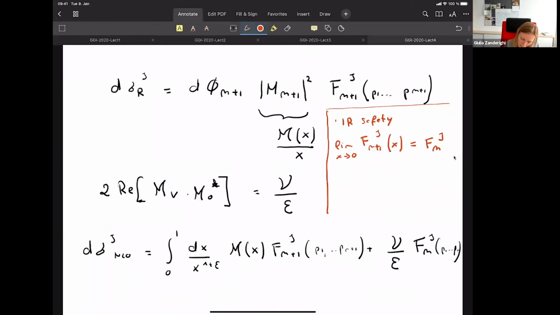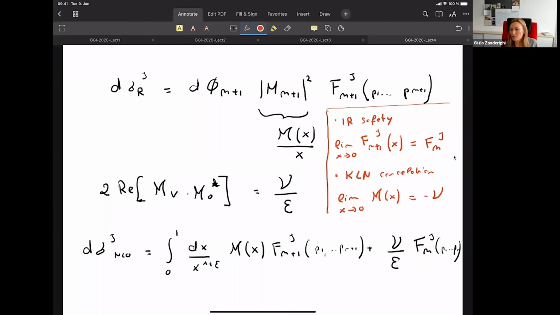And then we use KLN, Kinoshita-Lee-Nauenberg cancellation. This says that, again, in the limit where x goes to 0, the virtual matrix element has to be equal to the real one, with a minus sign if you want. The minus sign depends on how you define it.